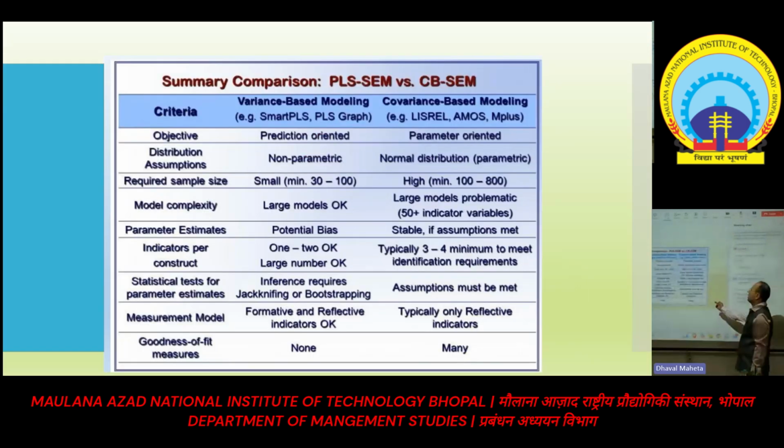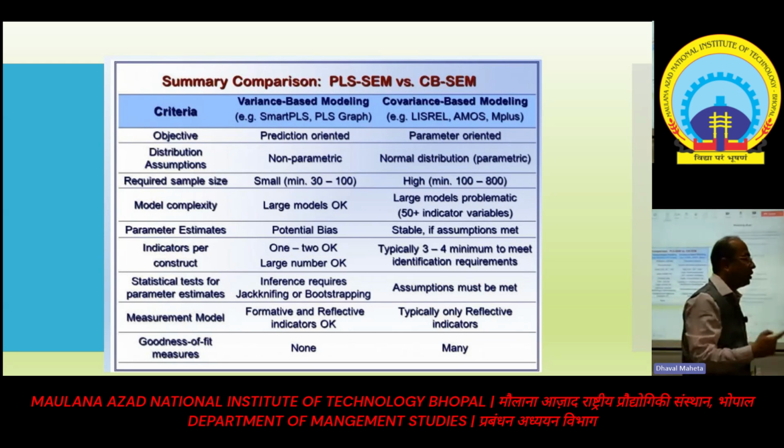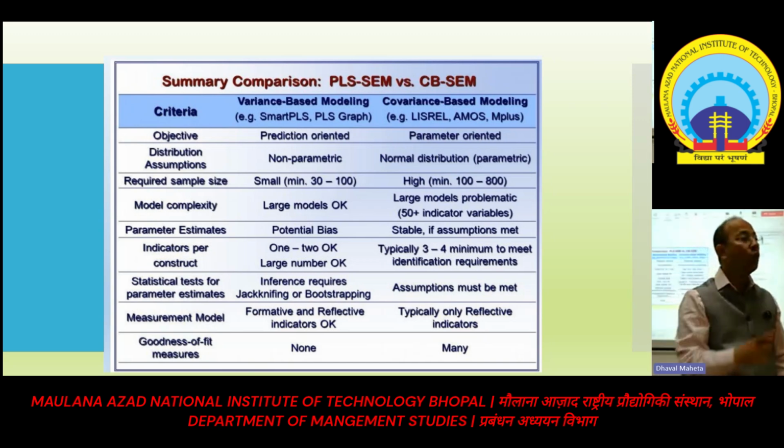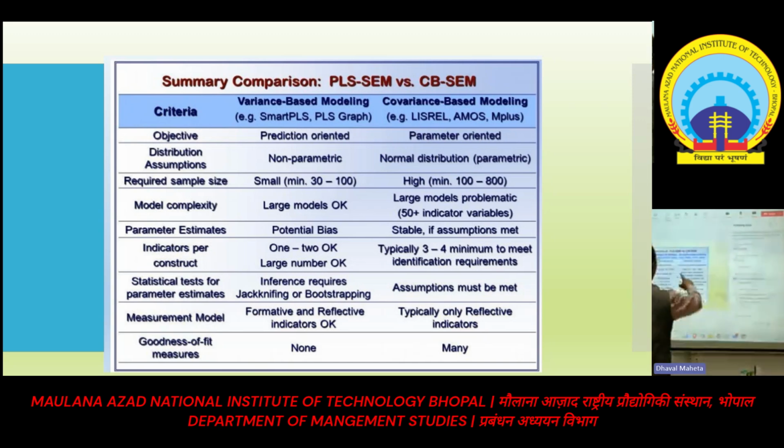The comparison of PLS-SEM and CB-SEM. PLS-SEM is variance based. This is covariance based: AMOS. SmartPLS here is prediction oriented. Which statistics give you prediction? PLS predict. In that what? Q square. Here there is no concept of parameter prediction; it is parameter oriented. Distribution. Sample size.